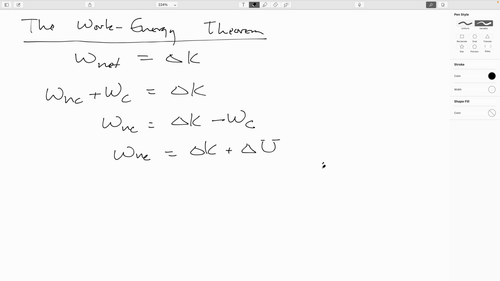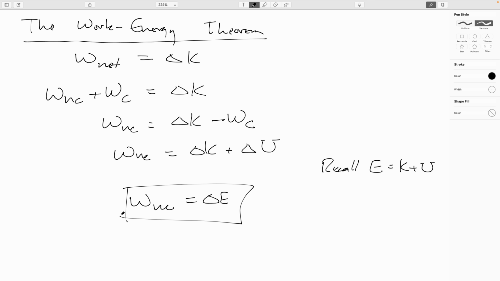And if we recall that the total mechanical energy was the kinetic plus the potential from the previous video, we can finally say the work done by non-conservative forces is equal to the change in mechanical energy.